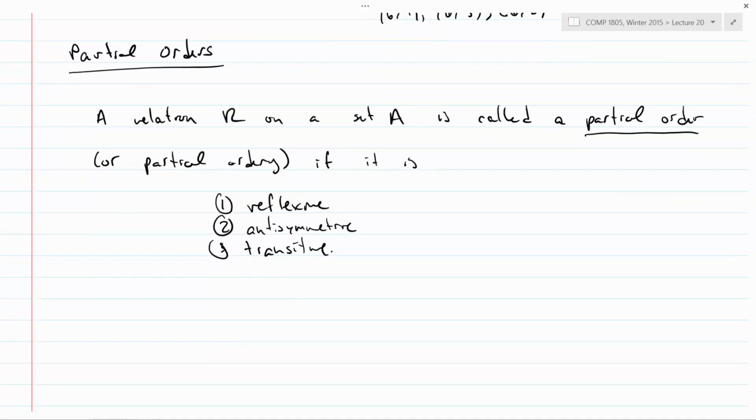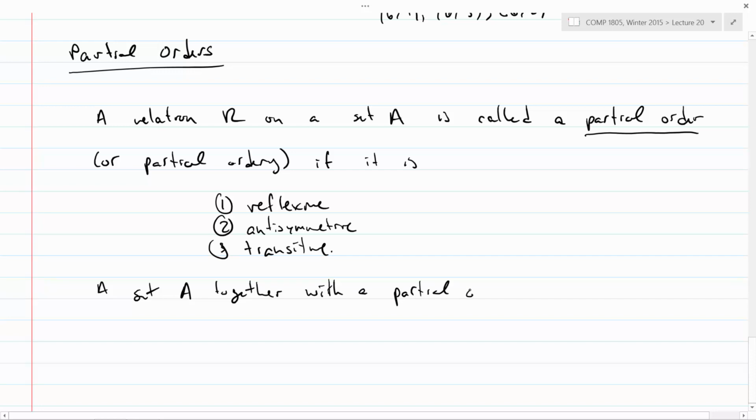All right, so we have some extra notation for these. A set A, together with a partial order R on that set, I should say, is called a partially ordered set.